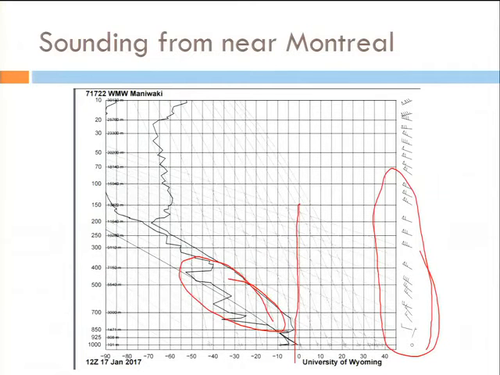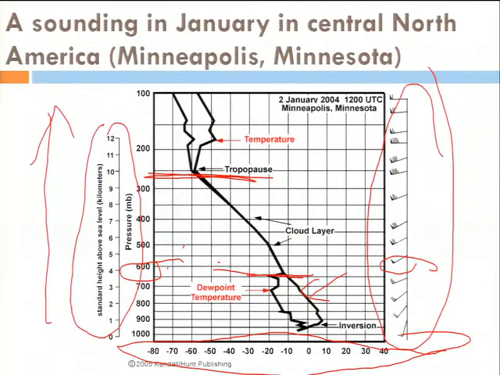Any questions on how to read this? There's a lot of lines on this particular map. I'm not worried that you know what those other lines are. I literally just want you to know the vertical and the horizontal lines, which are the temperatures versus the pressures, right?